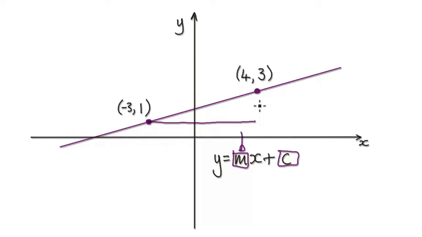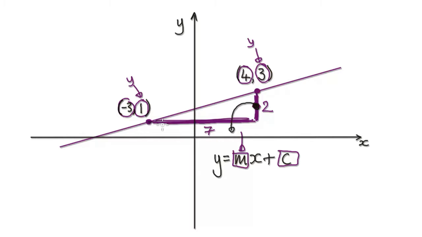The gradient is always the height divided by the width. The height is found by looking at the y values, so the height is 2. The width is 7. So the gradient is 2/7.